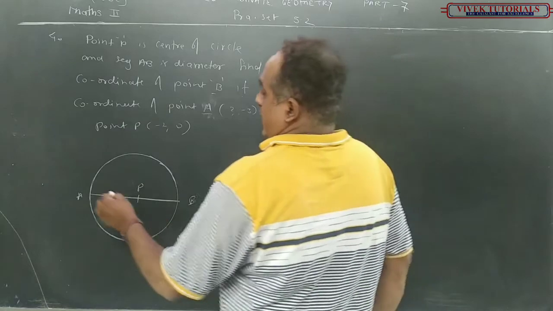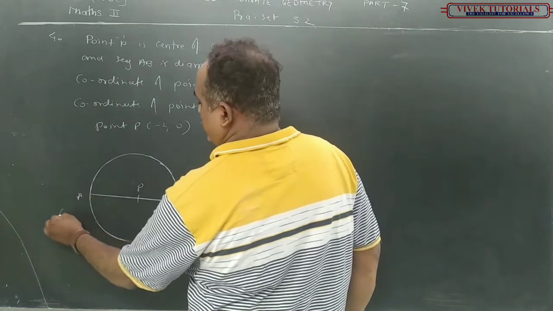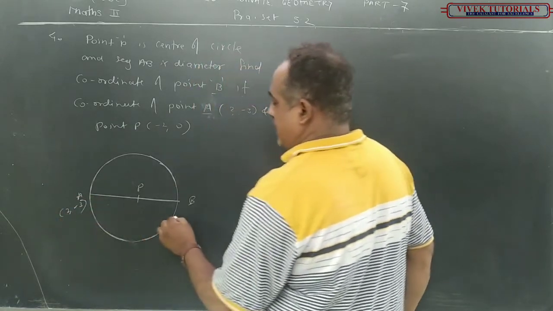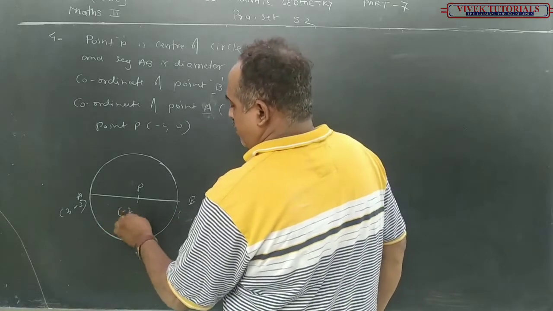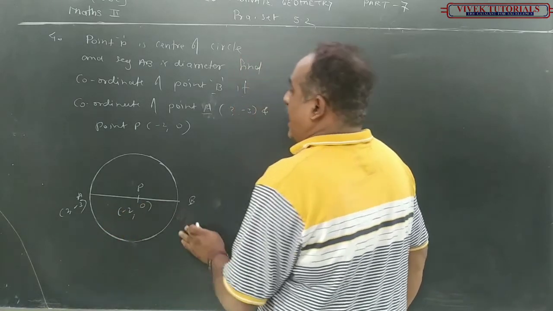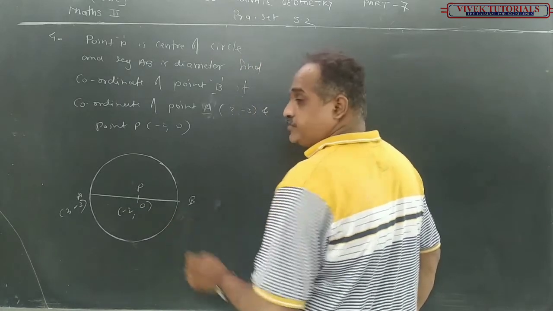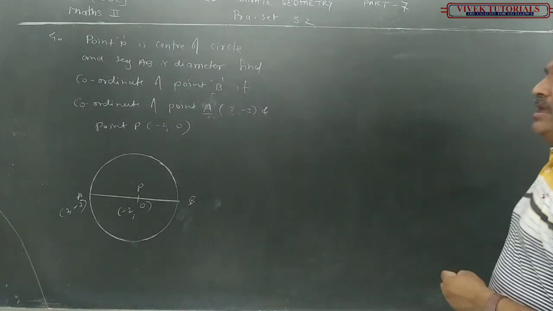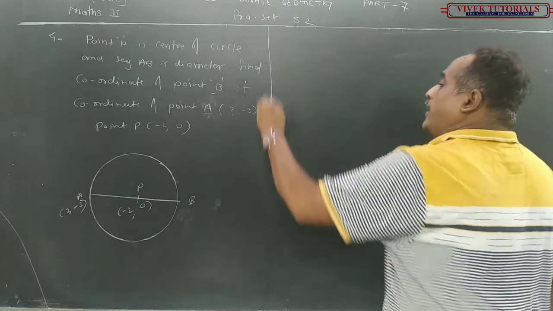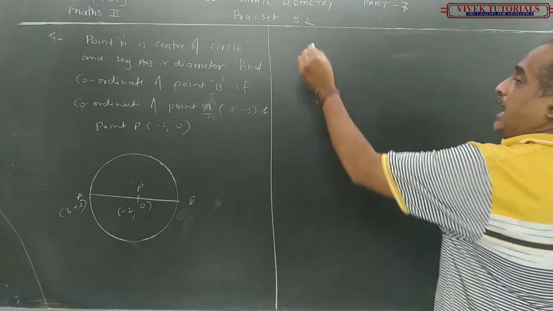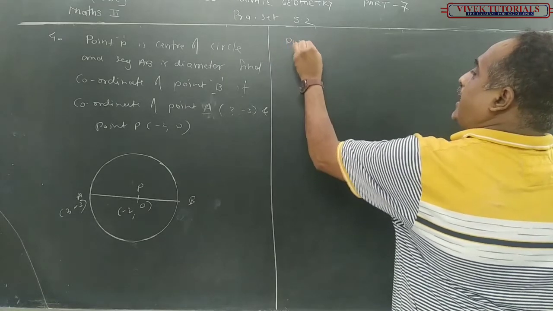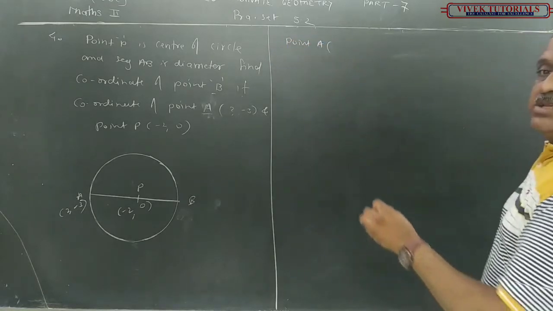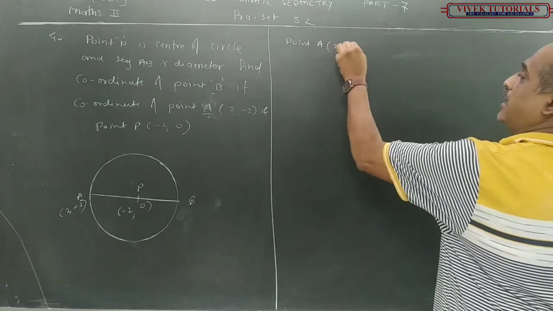The coordinates of A are (2, -3), and of P are (-2, 0), and B they have asked you. So what you are going to do is, point A is (2, -3).